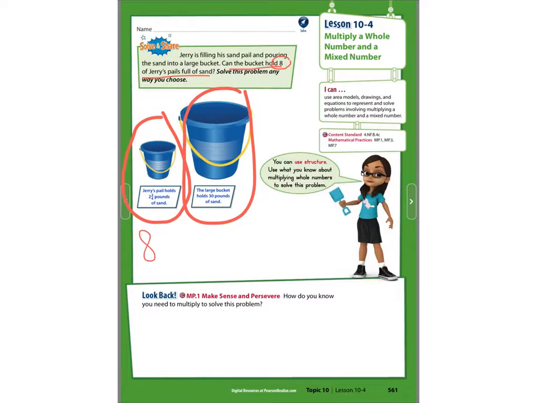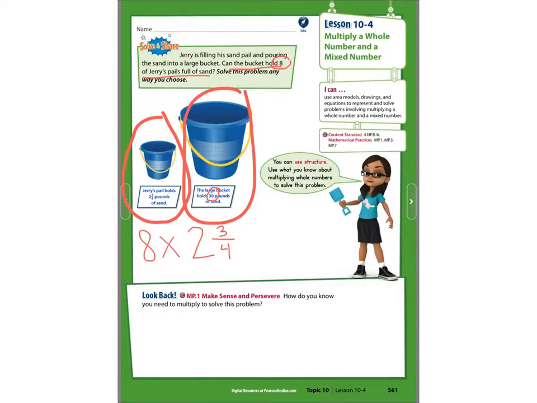And then looking back at the pictures that we saw earlier, you can see that Jerry's pail can hold 2 3/4 pounds. So we're going to solve this equation, and then we need to compare our solution to the 30 pounds that the big bucket can hold.